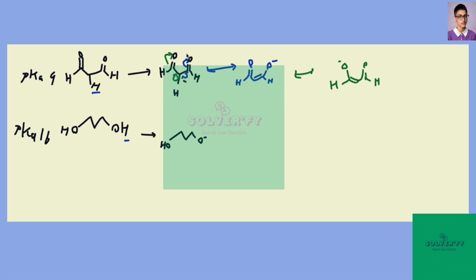So here we have 3 resonance structures that are going to stabilize and move around this negative charge around the ring.